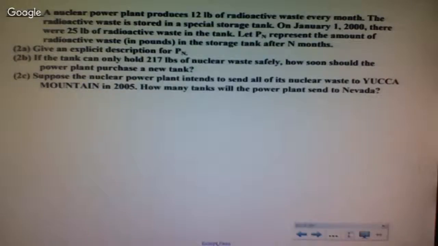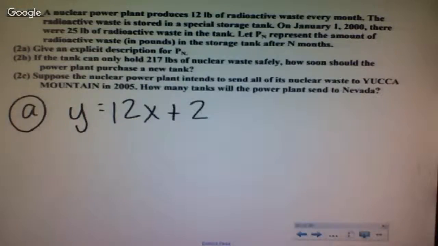Okay, we need to come up with an equation first. What is my equation? y equals 12x plus 25.